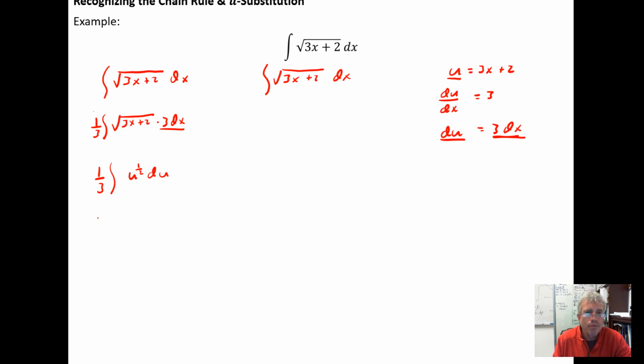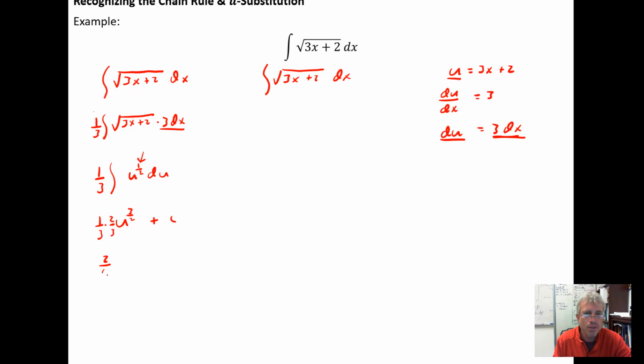And so it's a power function. I'm going to take and get 1/3 u to the, I'm going to increase the exponent by 1. So 1/2 plus 1 is 3/2. And I'm going to multiply by the reciprocal of that, so that when I take the derivative to check my work, it cancels. And it's going to be plus c, the constant of integration.